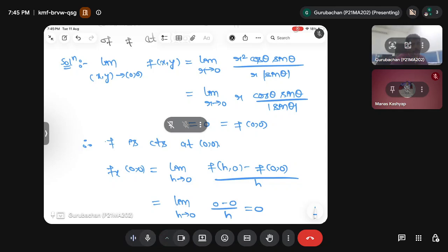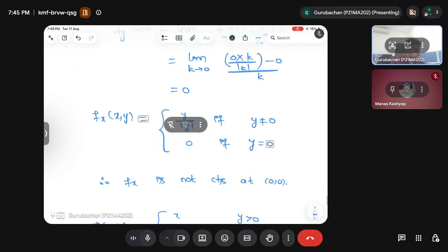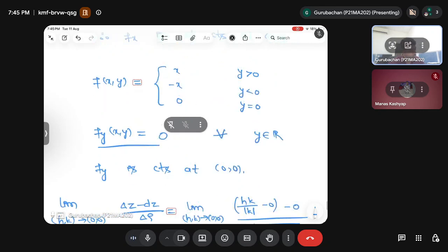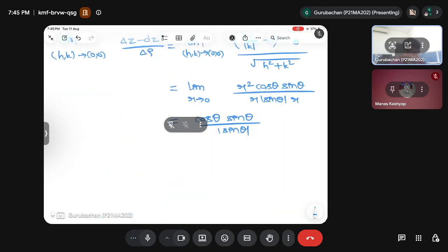See, if you remember, in the earlier class I told someone that we cannot differentiate directly without knowing what is going to happen in the neighborhood of f. So obviously this cannot be guaranteed until we know that f is continuous in a neighborhood of 0 0.